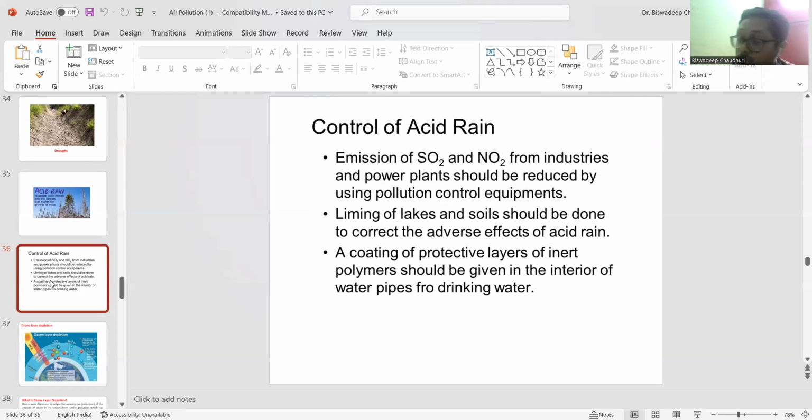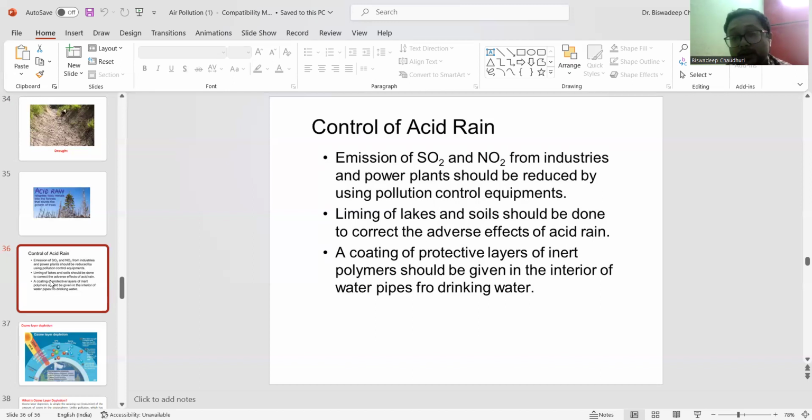It is not that we should stop industry altogether. No, it is not like that. But what we can do is reduce the use of such pollutants, some poisonous gases, some petrol, and replace it with renewable energy sources.